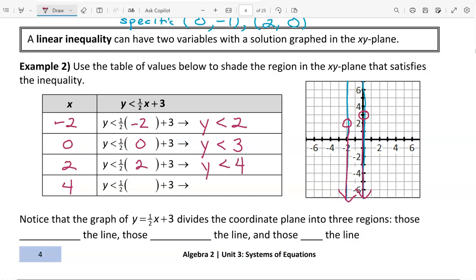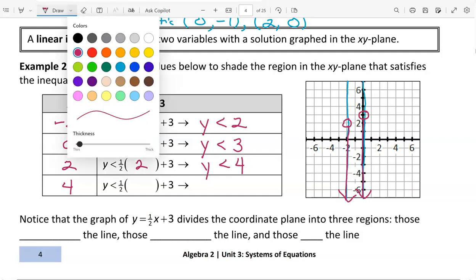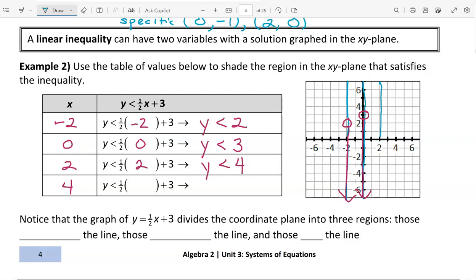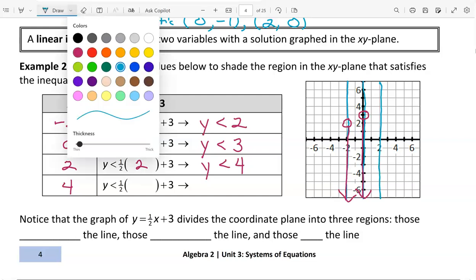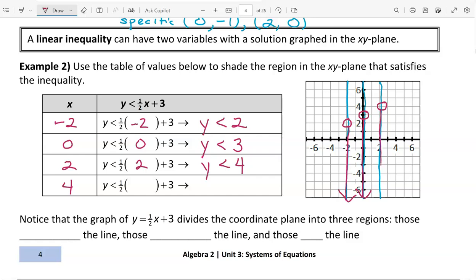So for x equals 2, y is less than 4. The points where x equals 2 are a collection of points on a vertical line, and when we graph the points on that line that have a y less than 4, that would be an open circle on y equals 4 and shading downward.